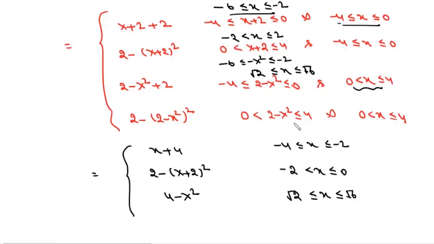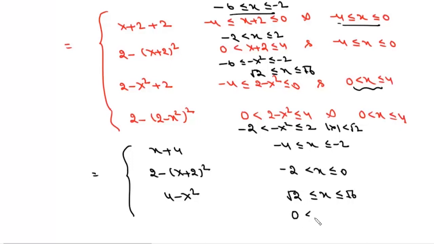And finally, we have this, which is minus 2 is less than minus x square is less than 2. So here we'll have mod of x is less than root 2. So this is from 0 to root 2.